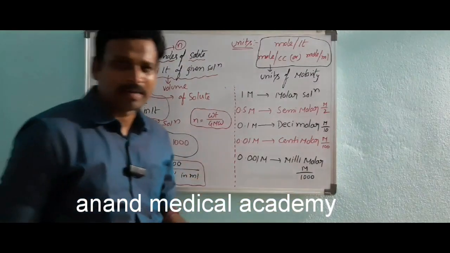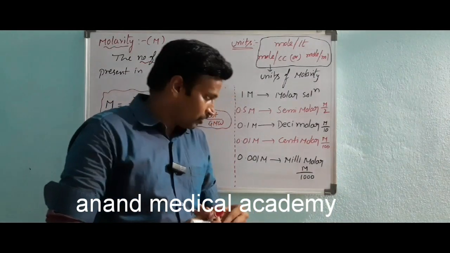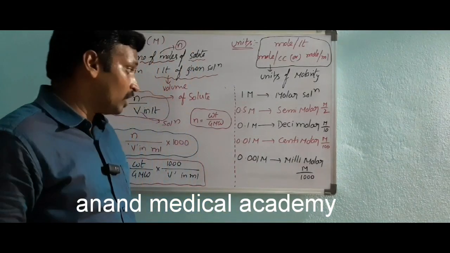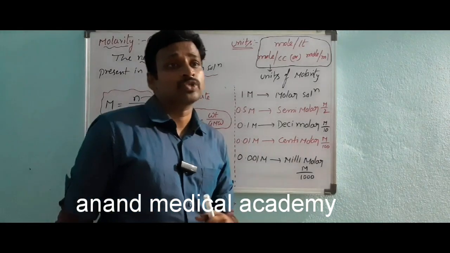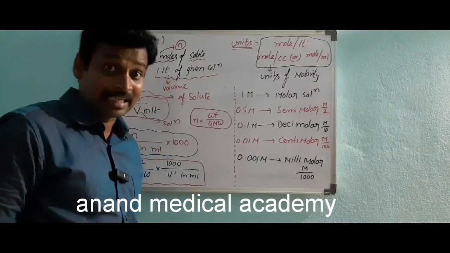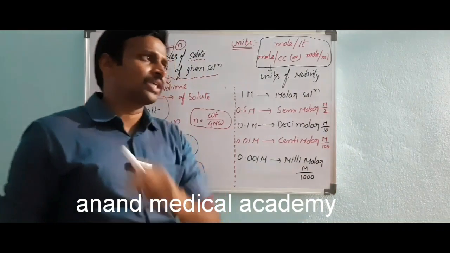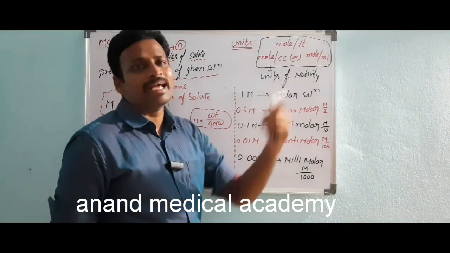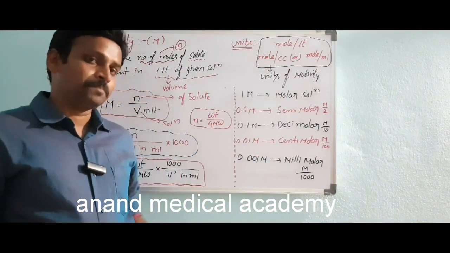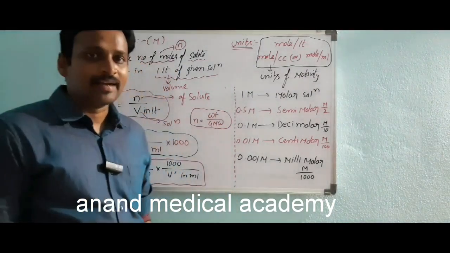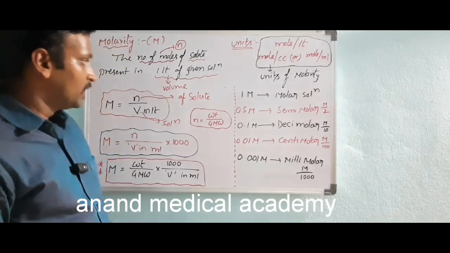They will give you a millimolar solution like that, 0.001 given, or 10 power minus 3 is the molarity, like that you should understand. Molar solution means 1 M concentration, 1 capital M. Why I am using capital M, you will understand later on. Okay, so this is about molarity.